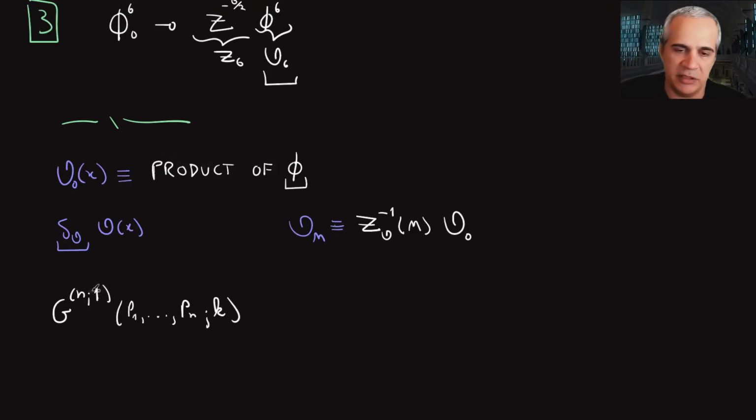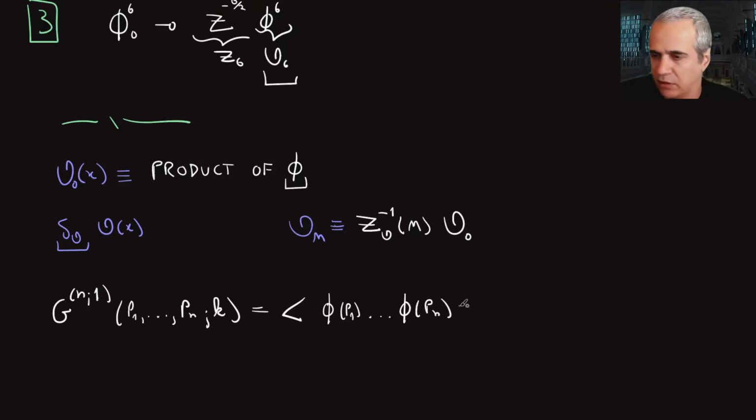In this case, it's just 1, so I just call that k. And this is defined by this product in momentum space. It's just the product of fields for the external legs times this renormalized operator that injects k. So G_nm would represent m insertions of this operator right here.